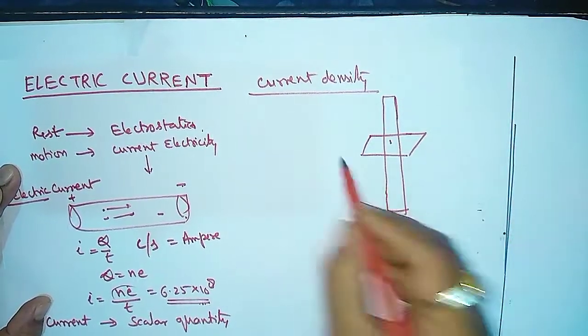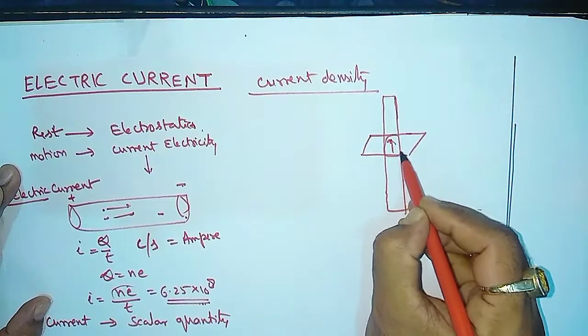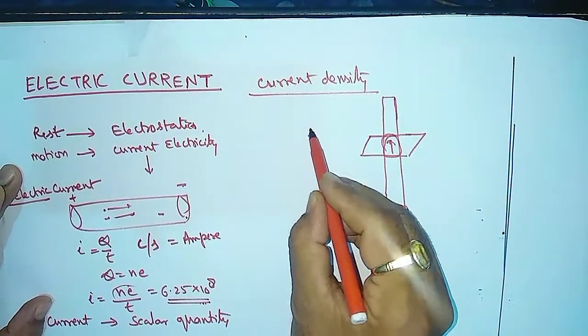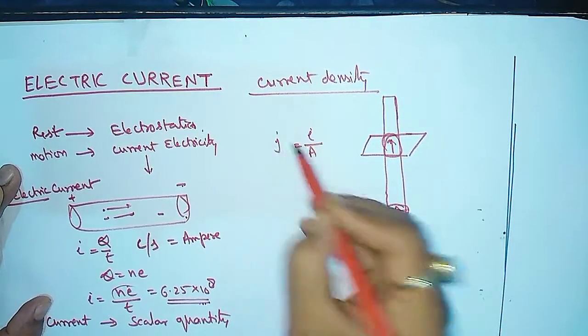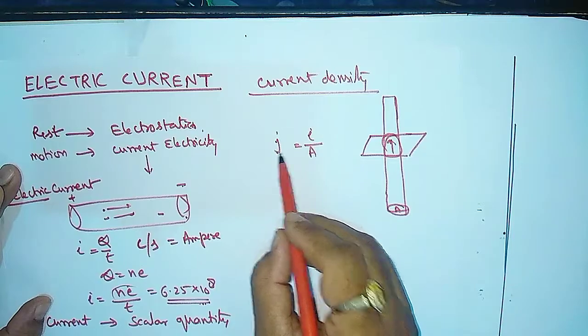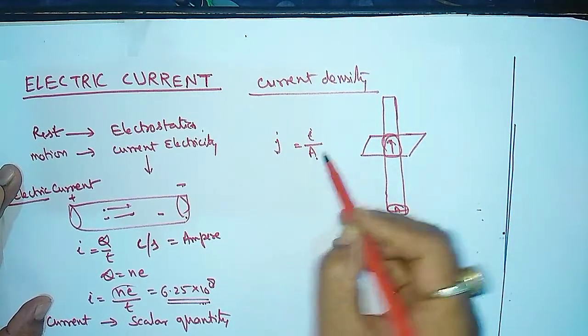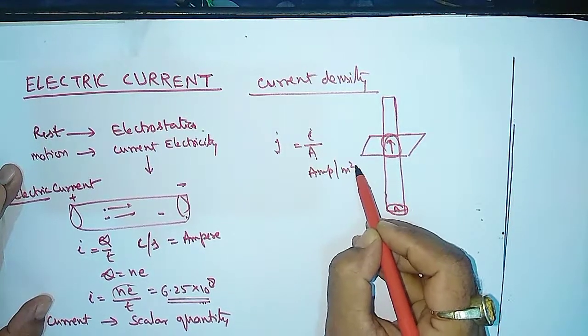The amount of current per unit area is termed the current density. So current density is the current per unit area. Its unit is ampere per meter square.